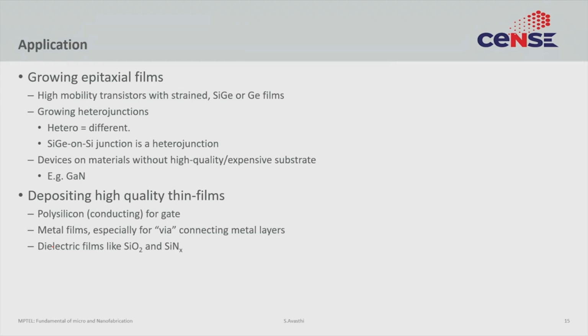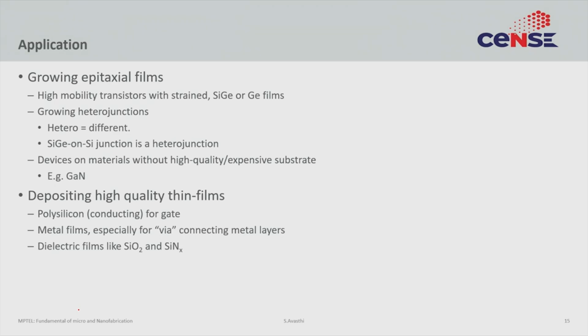This is especially useful for materials that are either very hard to grow in a single crystalline form, or are very expensive to grow in a single crystalline form, or if you just want to make a heterostructure where the native substrate is different, but just to enhance the characteristics of the device or to get some new functionality, you deposit a completely new material on top of that native substrate. This is becoming increasingly important in the modern world, where heterogeneous integration is becoming important, but that is a topic of a separate lecture.